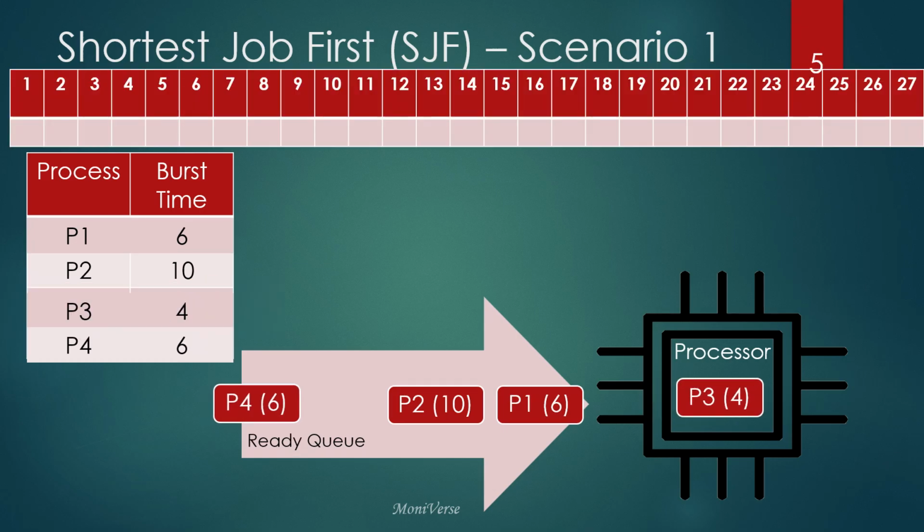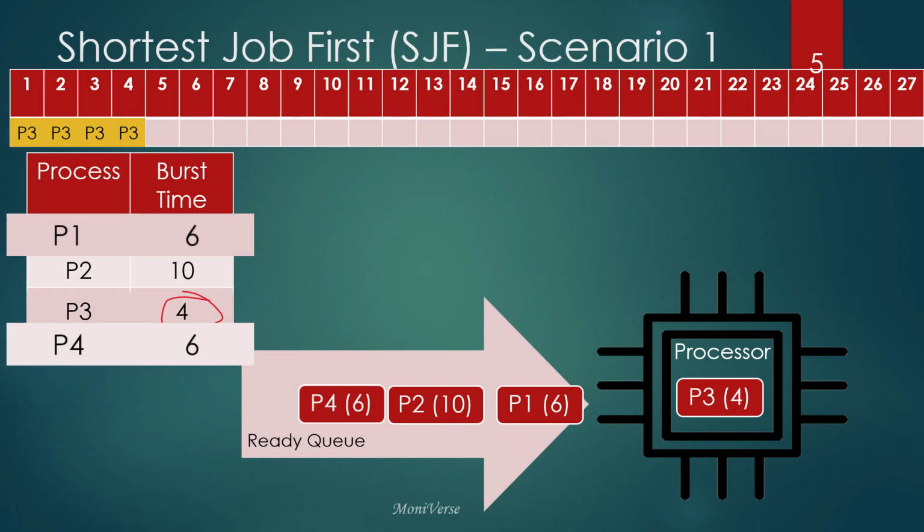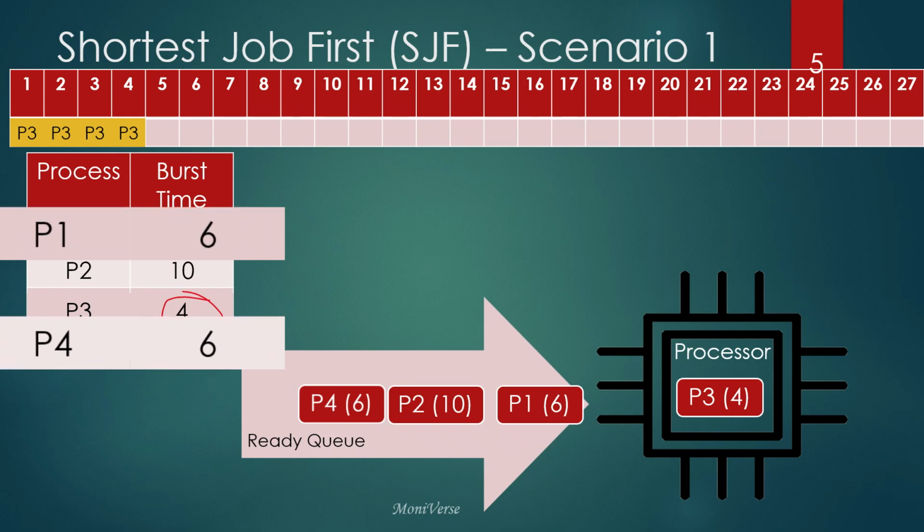Now let us consider the Gantt chart too. As the burst time is 4, the process P3 will be executed for 4 units of time. So I'm filling in the Gantt chart. After the completion of the 4 units of time, we check the table.